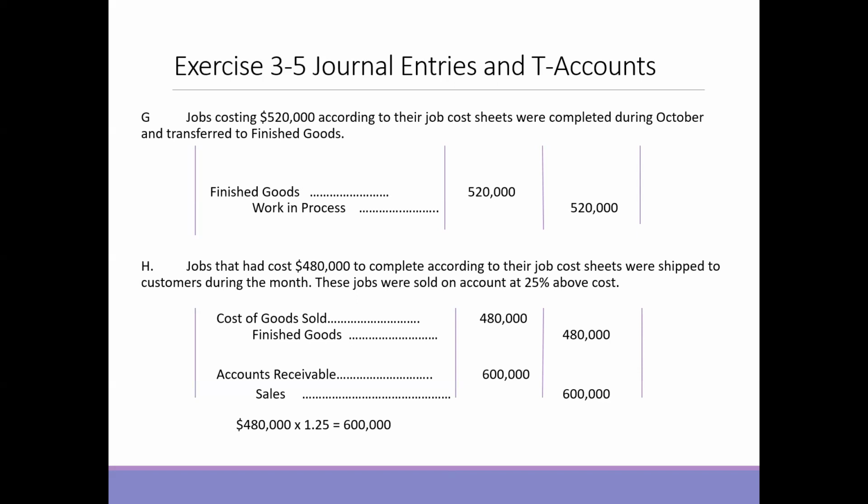We take the cost, multiply it times 125%, and we get the sales price. Since we sold those goods and transferred it, it goes to cost of goods sold now. We no longer have that inventory. We sold it. That's the whole purpose of this. Sell it. Okay?